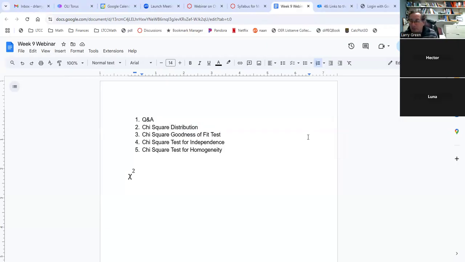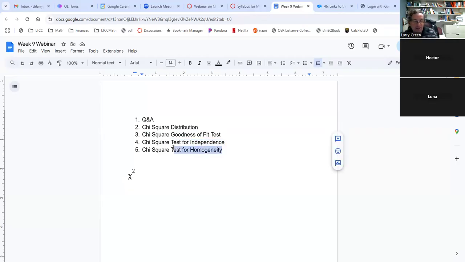There are going to be three different types of hypothesis testing that use this chi-square distribution. The first one is called goodness of fit, and we'll give an example and talk about what that is. The second one is called test for independence, and we'll also give an example and talk about what it is.